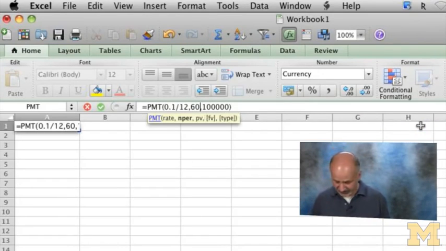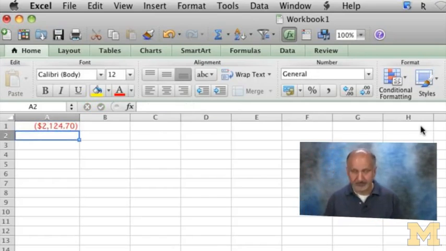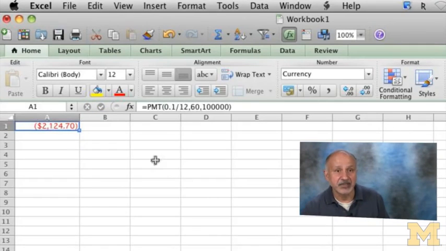Right? What is the $100,000? It hasn't changed. My payment amount is 2124. So I'm paying about $2,125 per month to repay the loan.